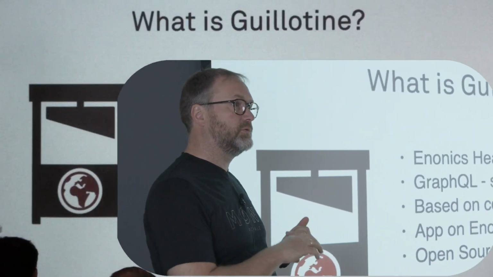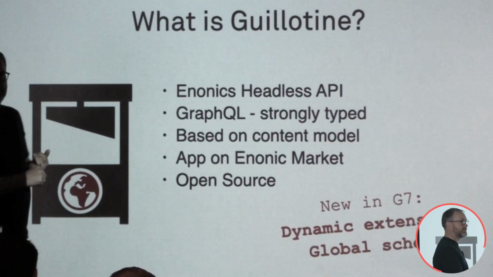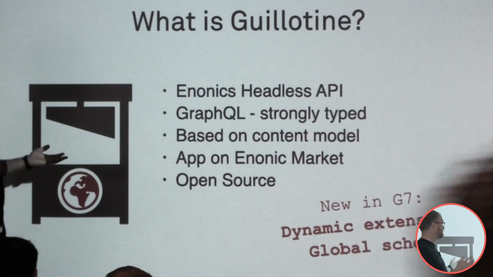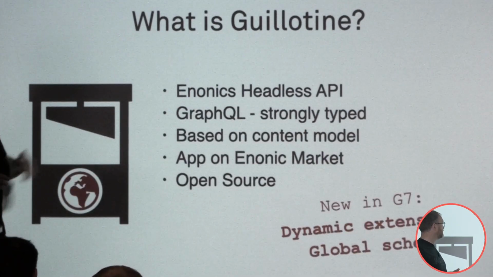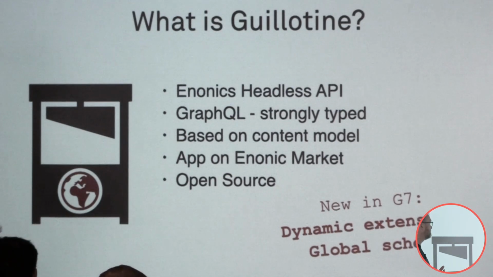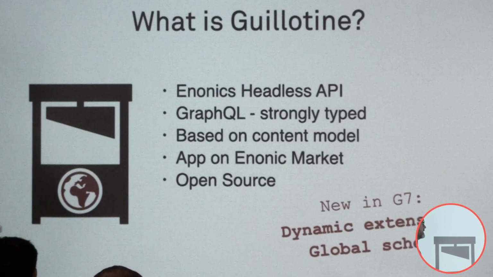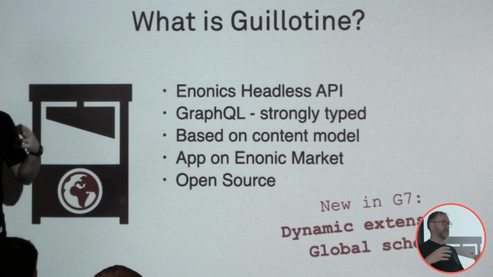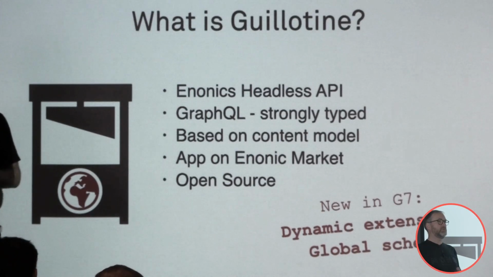So if you don't know Guillotine before, or have heard about it, it's basically Enonic's Headless API. And the name is because we take Headless seriously. And it's a GraphQL API, which means it's strongly typed. It automatically generates the API based on your content model.